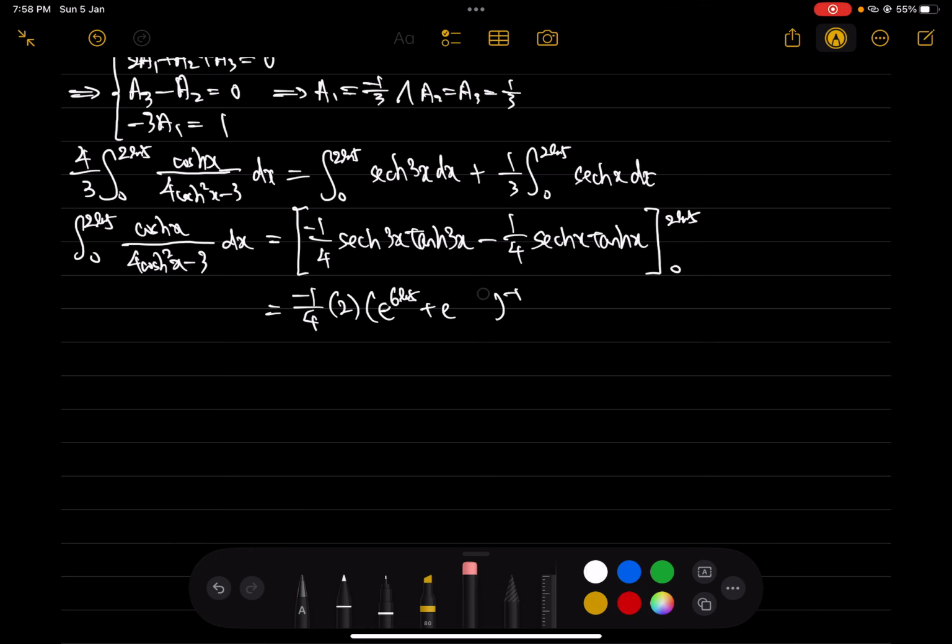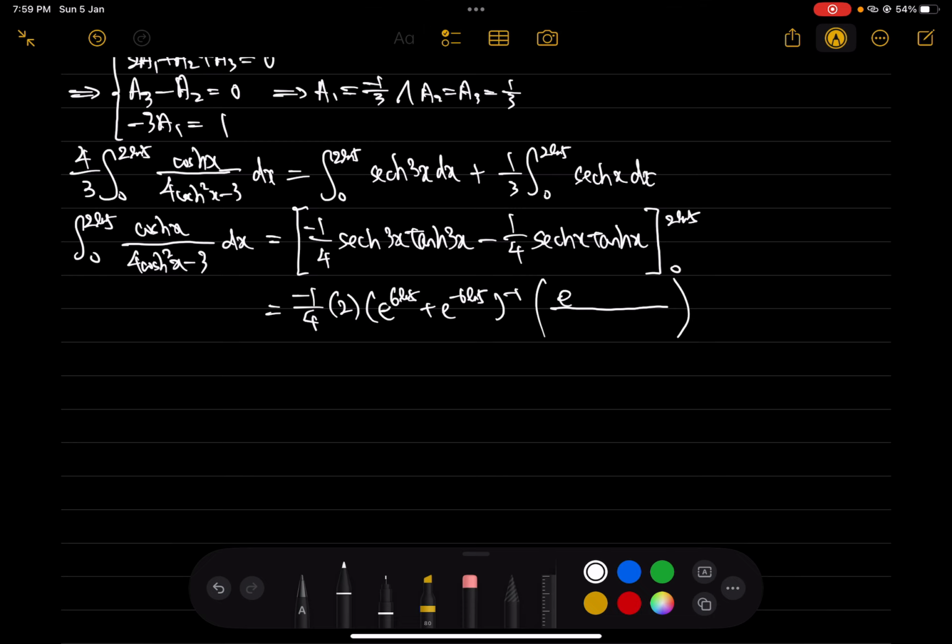Alright, handwriting, man. Okay. And then this term is this fraction. So that's e to the power of 2x minus 1 over e to the power of 2x plus 1. So let's simplify that right now, just to get rid of any complications.